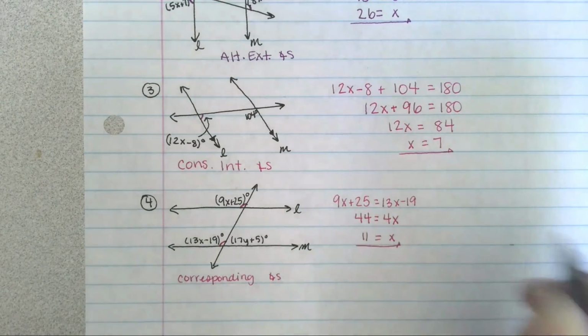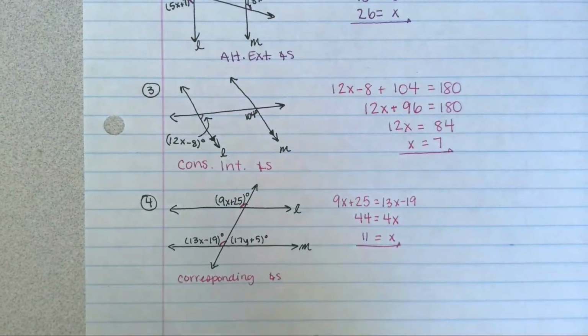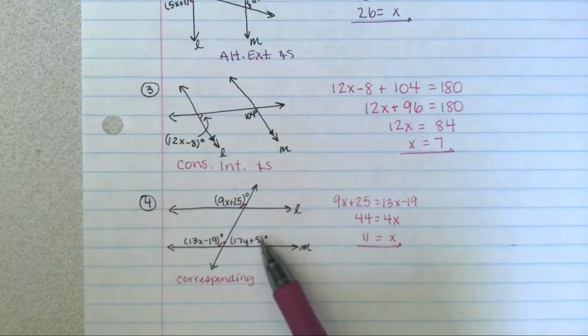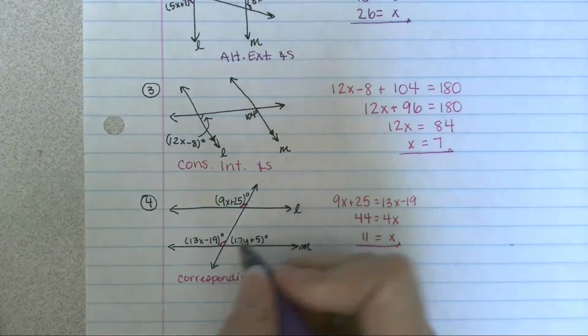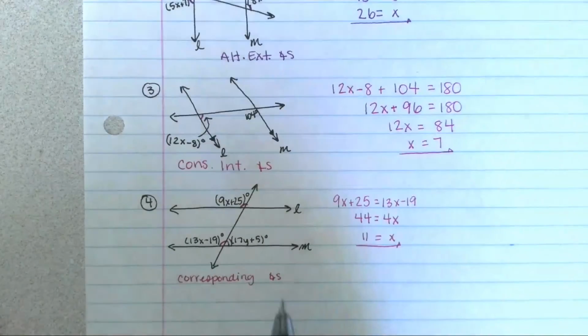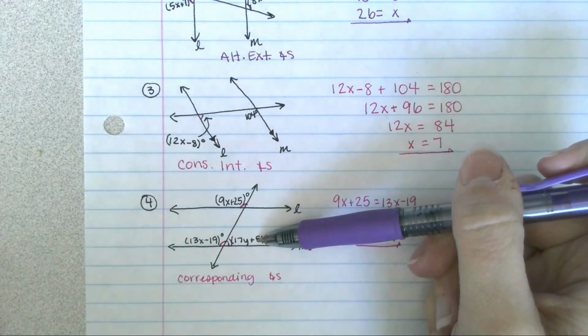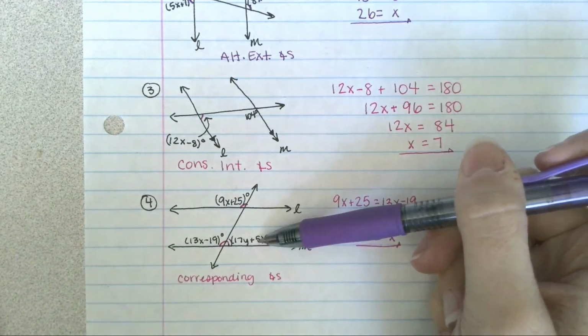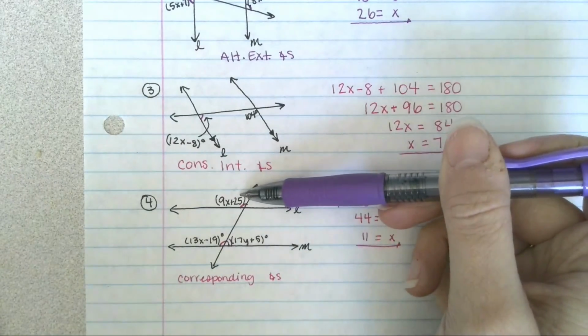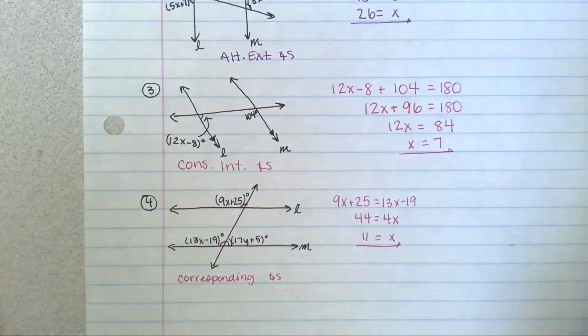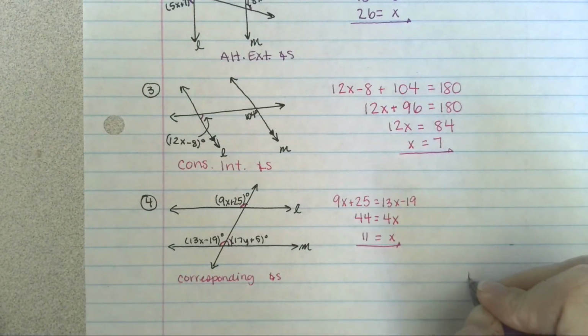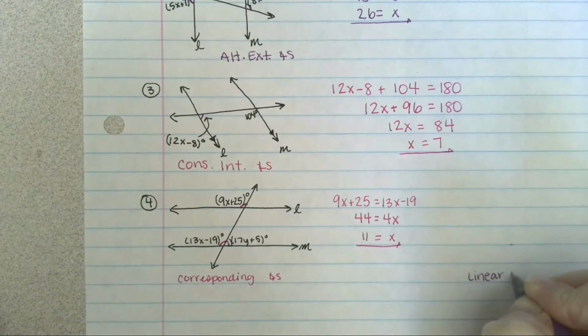Now that I know that, I can use one of these angles to figure out what my y value is. This 17y plus 5 doesn't have a set relationship with this top angle, but it does have a relationship with the 13x minus 19. Those are a linear pair, so that's what I'm going to use to solve for this.